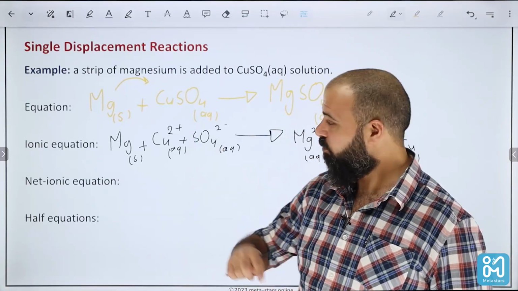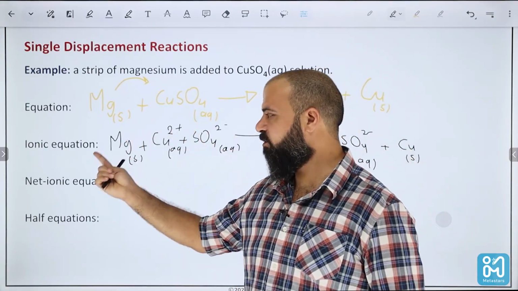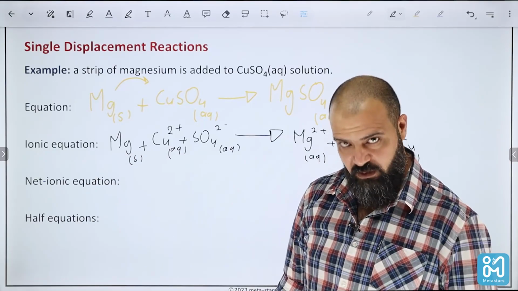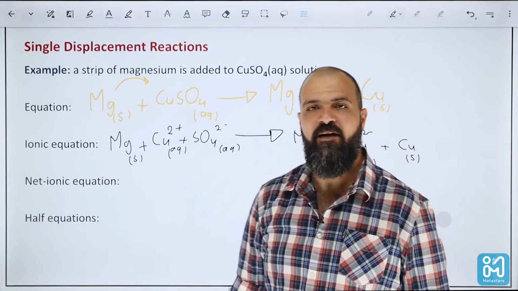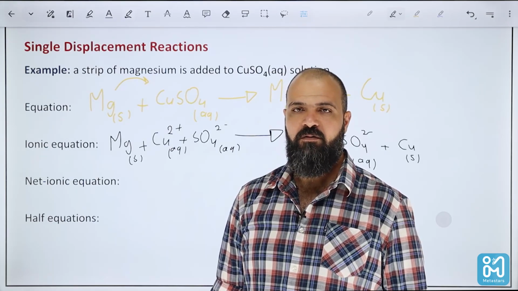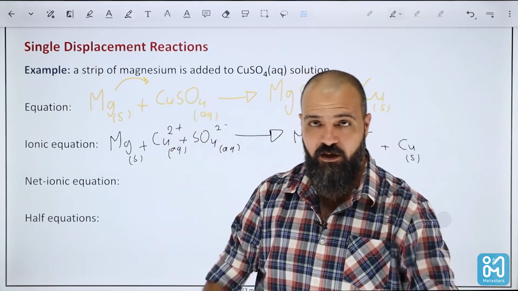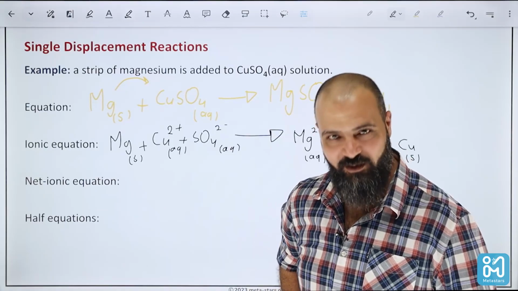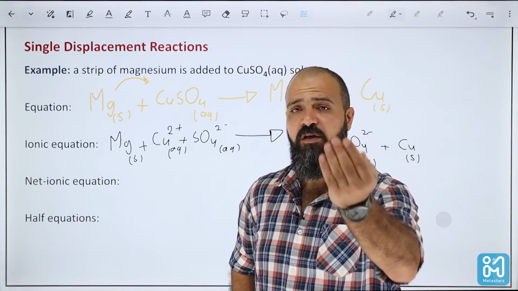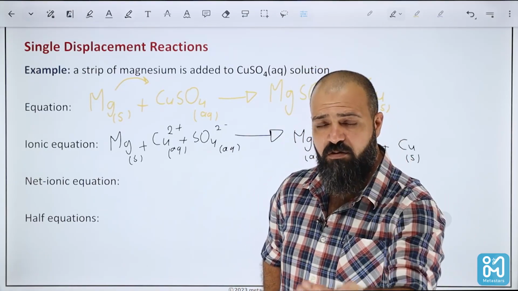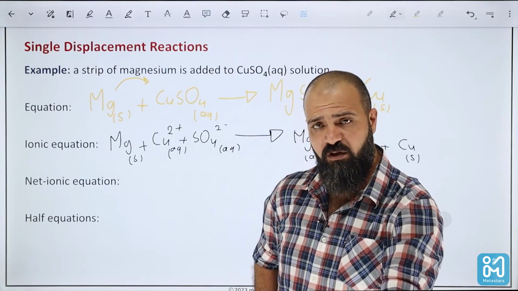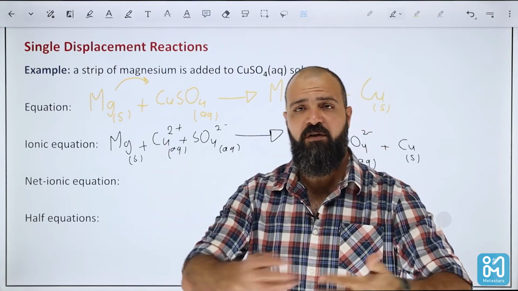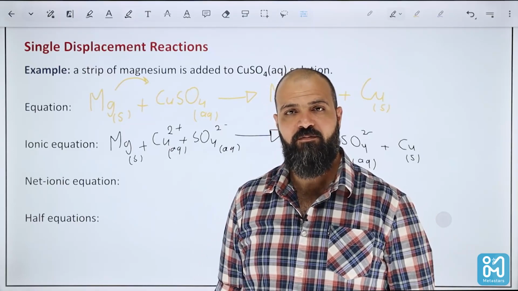Okay. How to convert an ionic equation to a net ionic equation? Anyone remember this? Do you remember? Again, do you remember? How do we convert from ionic to net ionic? There are spectator ions in the ionic equation, so you have to get them away to end up with the net ionic equation.